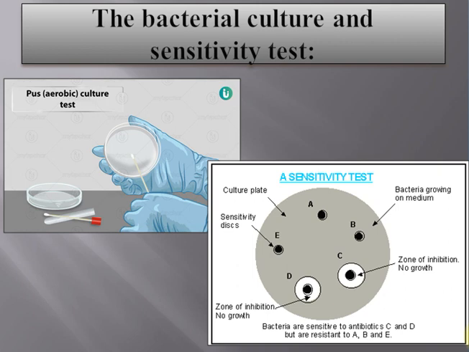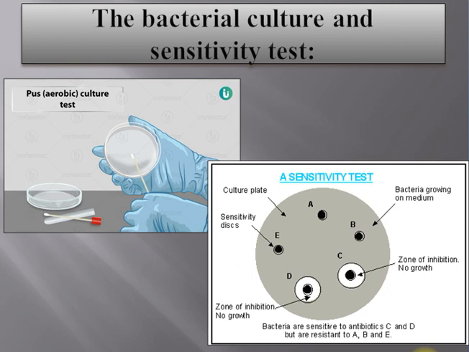What does it mean, bacterial culture? That means that on some nourishment agents, or agar-agar, for example, we can put this pus, and bacteria which are inside the pus start growing, and we can see different colonies of the bacteria in this nutrient medium.